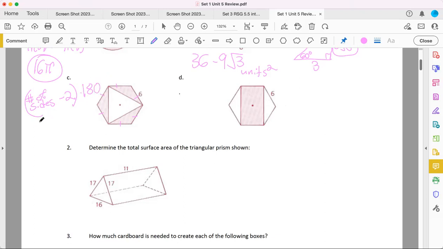So if you do that, this is saying that you have 720 degrees to disperse amongst these corners here, here, here, here, here, and there. And if you have 6 angles, you can divide this by 6 and say that, well, each of these little angles that I just sketched out are going to have to be 120.